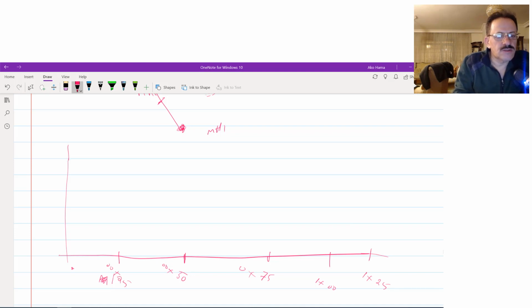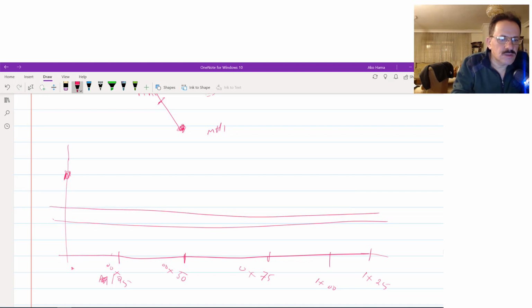Now this is the first thing that we have. Our first manhole is located here, so I will just draw a line. This is manhole number 1.